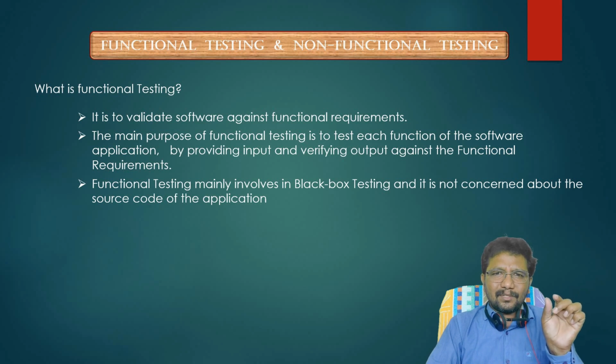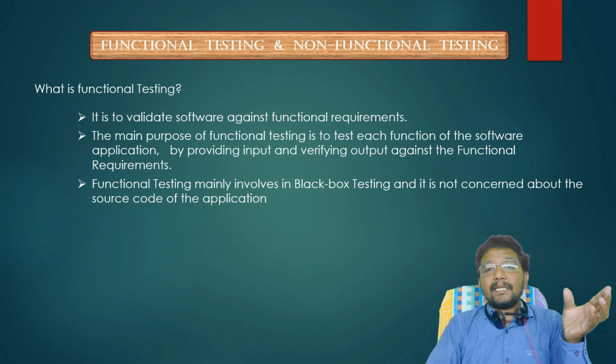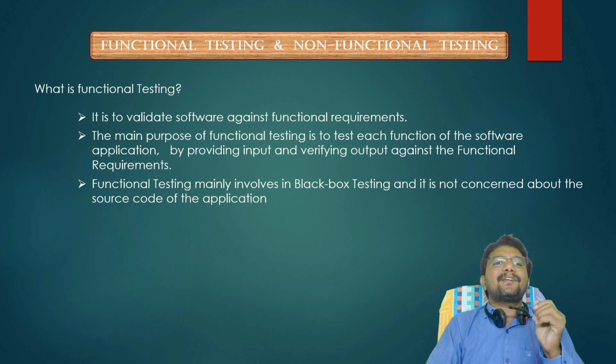Do we test the source code? We don't need to. We don't check whether the developer used an if condition, for loop or while loop. But how the application responds using that source code is important. That is the reason we don't concern ourselves with the source code of the application.